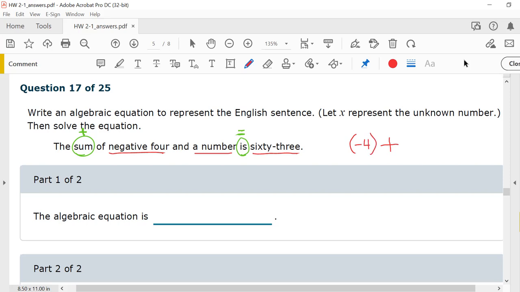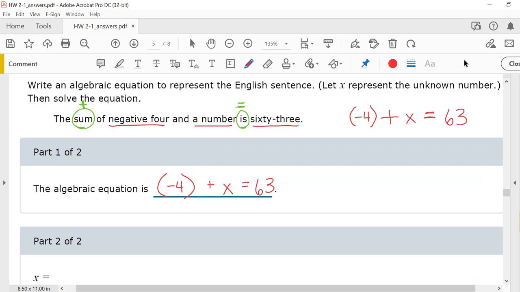We don't know the number, so we're going to let it be x, is 63. So that's your algebraic equation. Why is it an equation? Because it has an equal sign. So -4 plus x equals 63.